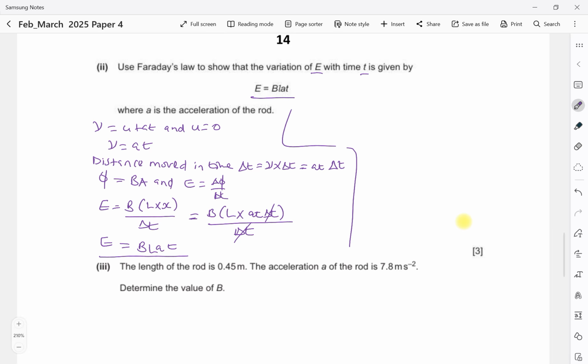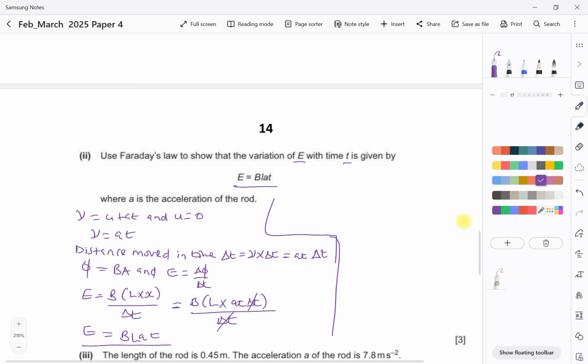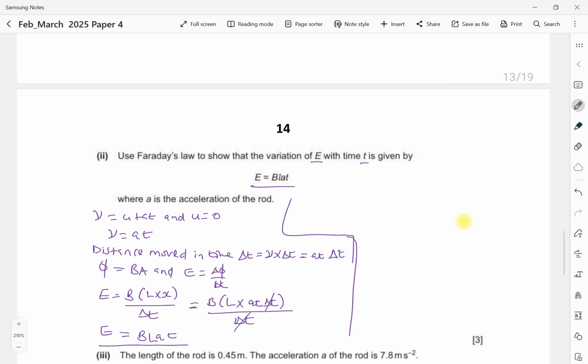Alternatively, that is not the only alternative. I could use a simpler method, which is quite more direct. By definition, we know that induced EMF is equal to the rate of change of magnetic flux linkage.